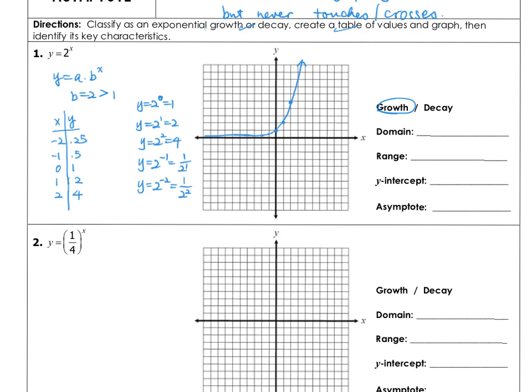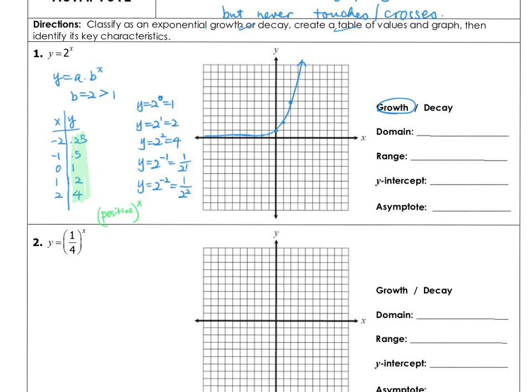Notice in the y values, first of all, they're always positive. As x gets smaller and smaller in the negatives, y gets closer and closer to 0. But you will never find a situation where a positive number raised to a certain power, whether x is positive or negative, becomes negative.